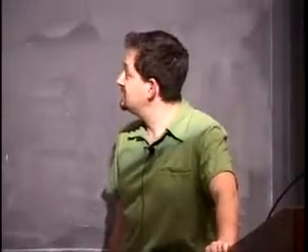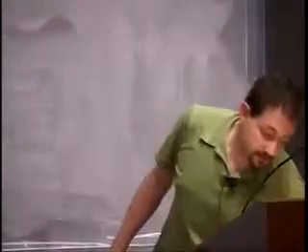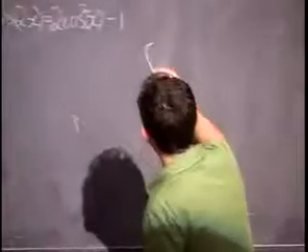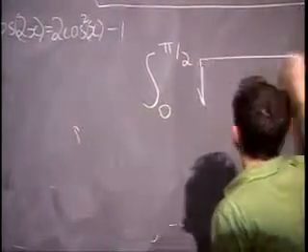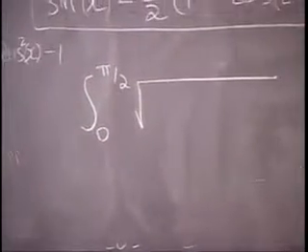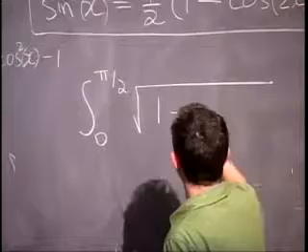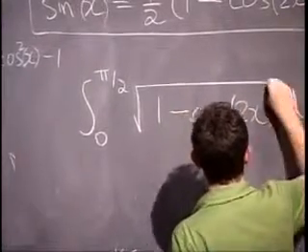Okay, now, here's an example of where you would use such a thing. So suppose I ask: integral from 0 to pi over 2 of the square root of 1 minus cosine 2x dx.